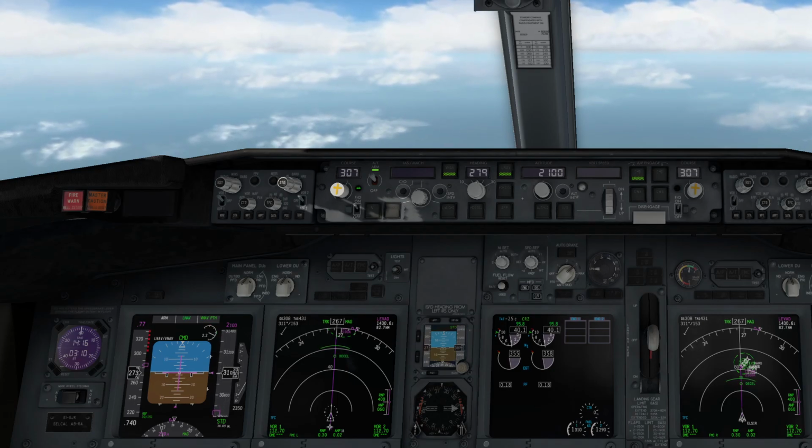20 kilos in balance between the right and left wing tanks.